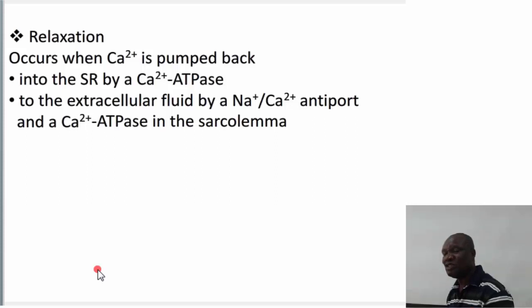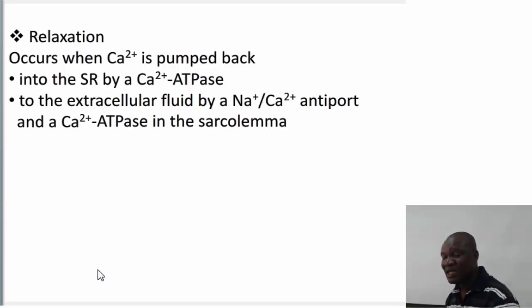As a result of this active pumping of calcium ions, the muscle will relax because troponin will take its original shape. Tropomyosin will get into this groove and cover the myosin binding site, and relaxation will occur.